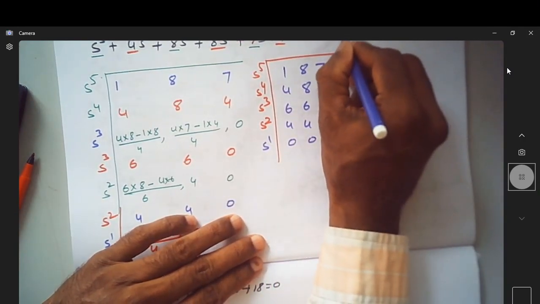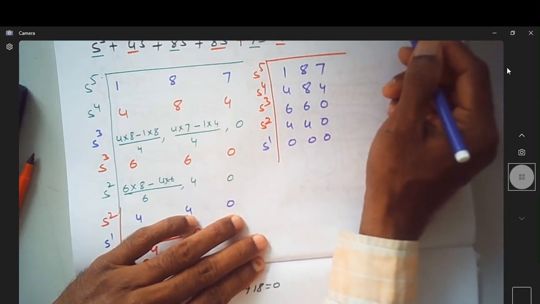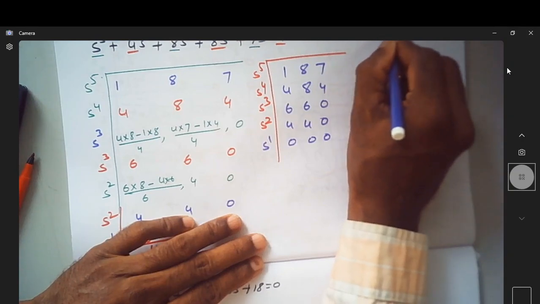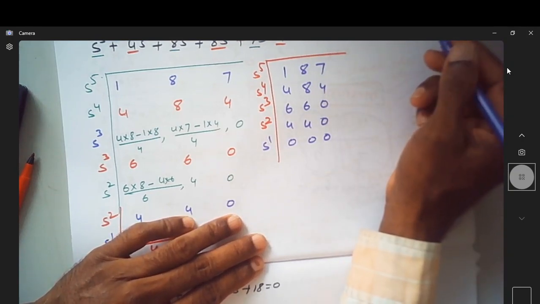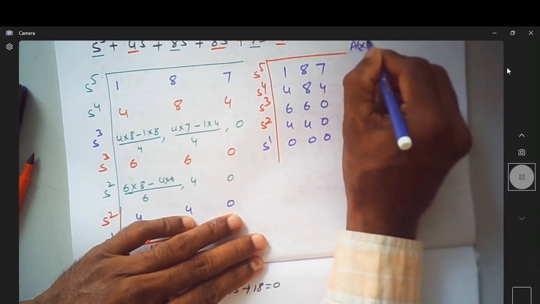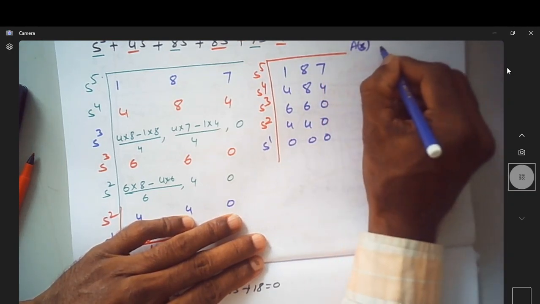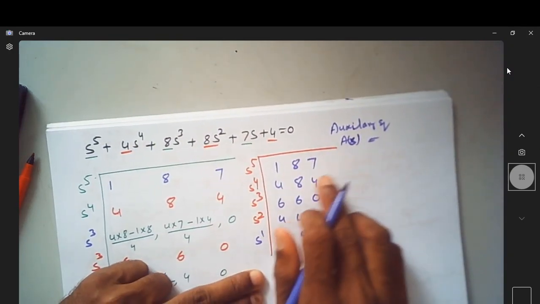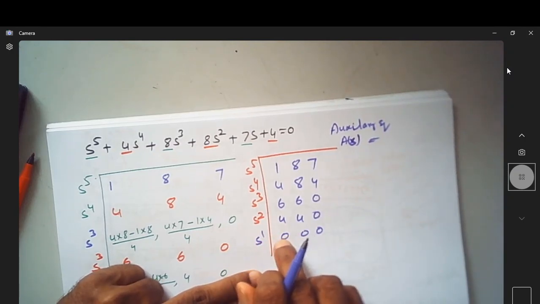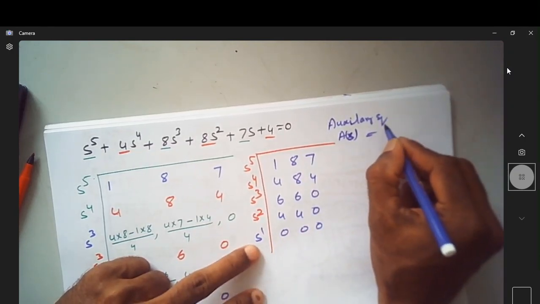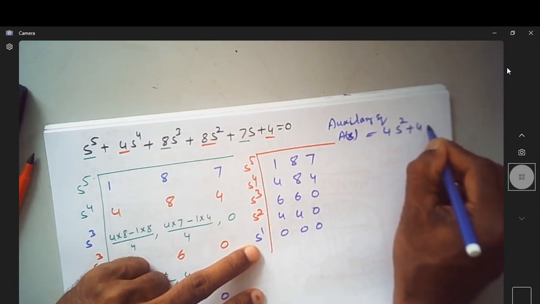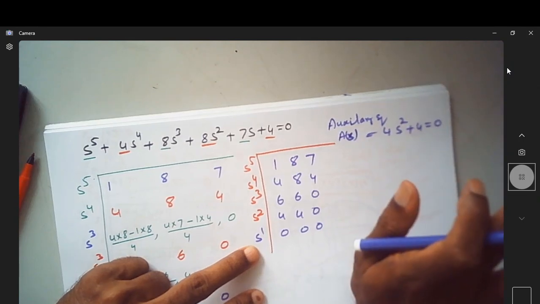So we will end up with an auxiliary equation, which I call A of s. A of s is the row above the row where the complete zeros are, which gives 4s square plus 4 equal to 0 as my auxiliary equation.